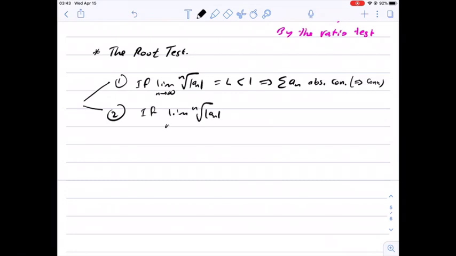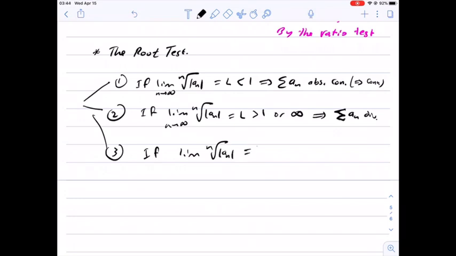Second, if the limit of the nth root of the absolute value of a sub n as n goes to infinity is equal to L greater than 1 or infinity, then the series is divergent.